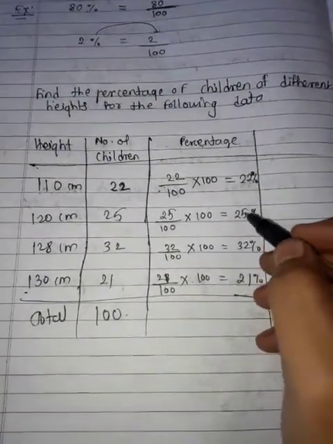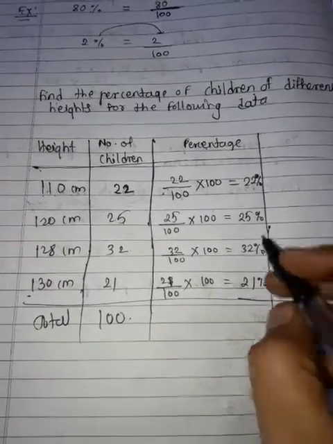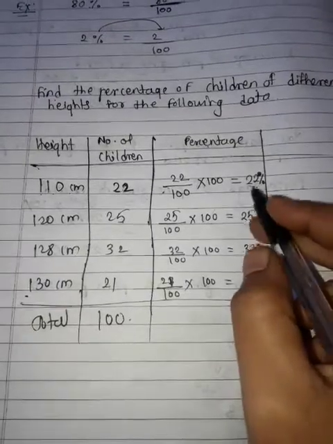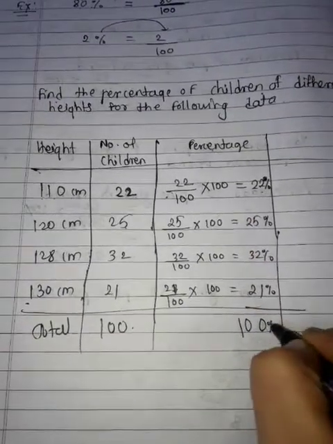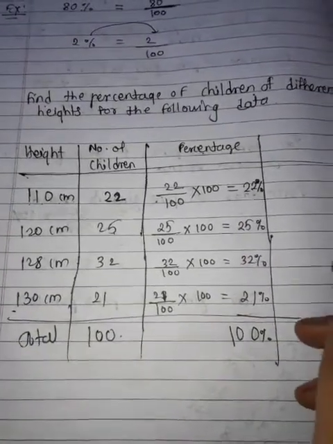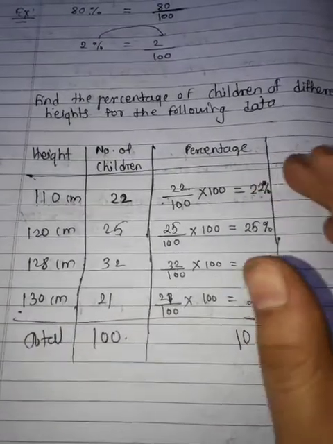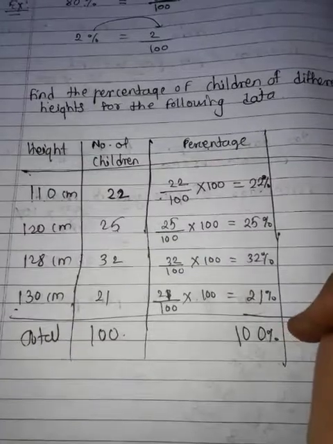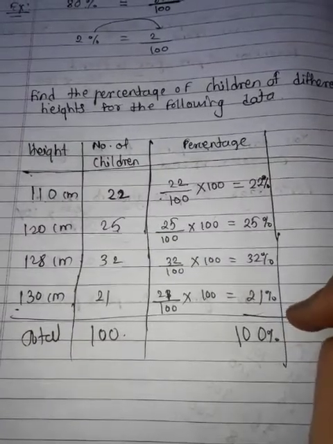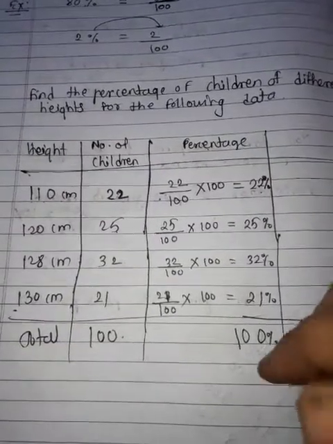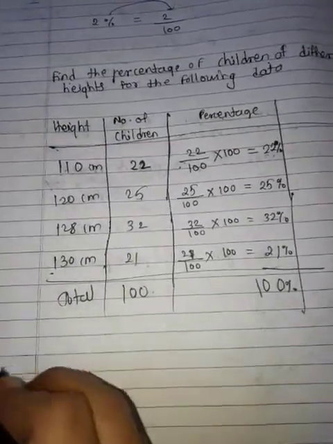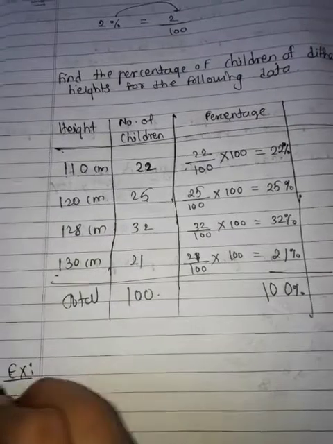See here, 2 plus 5 is 7, 7 plus 2 is 9, 9 plus 1 is 10, carry 1, 2 plus 1 is 3, 3 plus 3 is 6, 6 plus 4 is 10, so 100. So remember that all the parts of the whole, when added together, always give 100%.